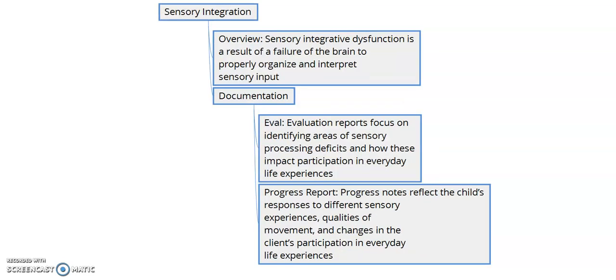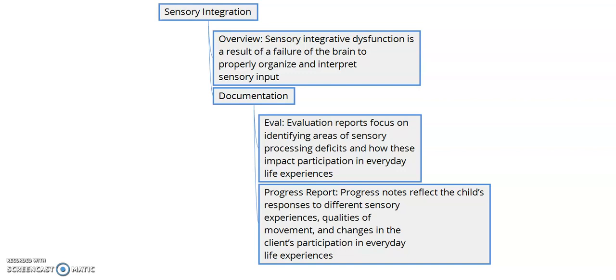The last frame of reference we wanted to go over was the sensory integration frame of reference. This basically states that sensory dysfunction is a result of failure of the brain to properly organize and interpret sensory input.